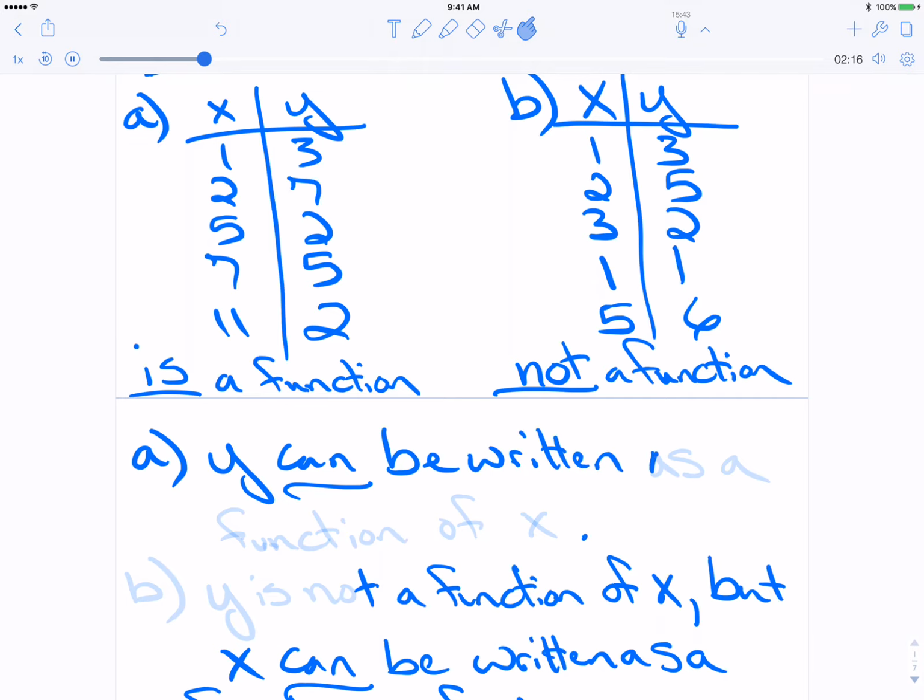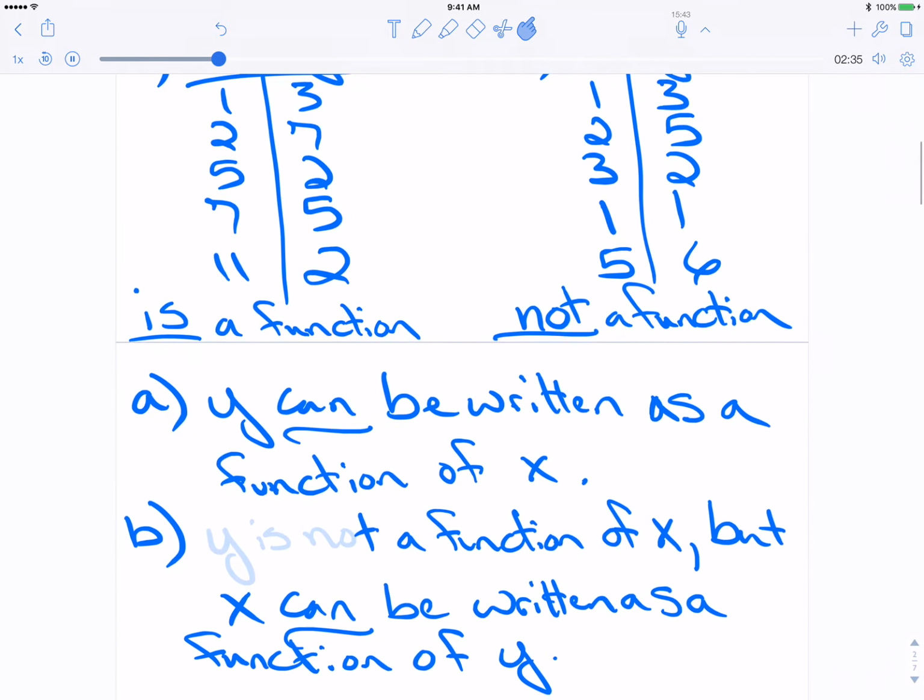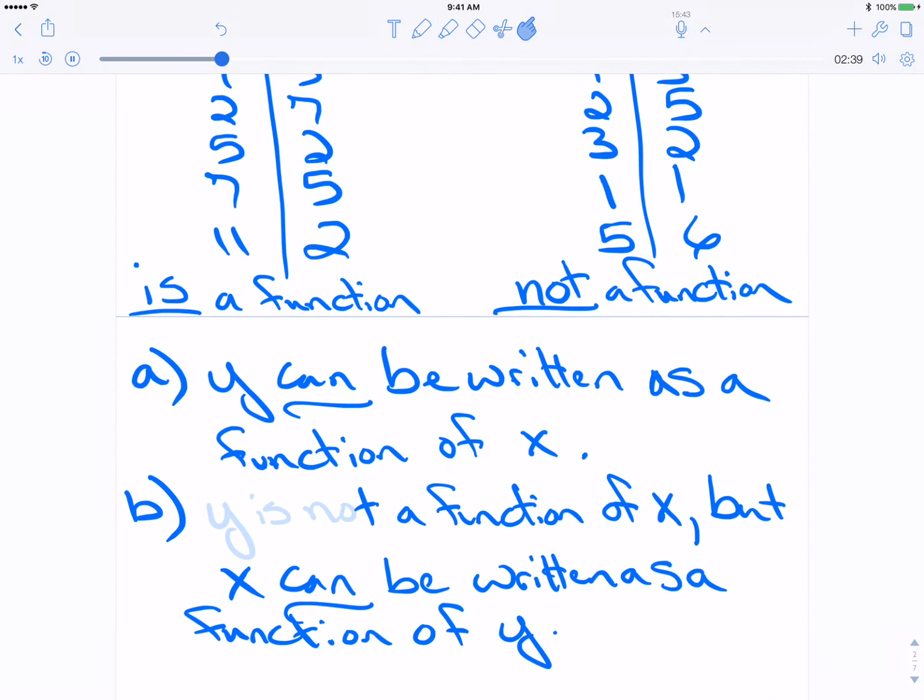However, in the second one, in B, y cannot. Y is not a function of x. But if we were to flip the data, we could write x as a function of y because the x values are repeated but the y values are not.